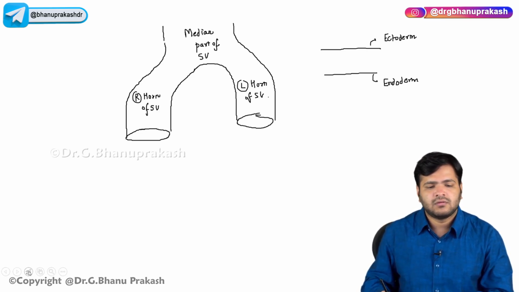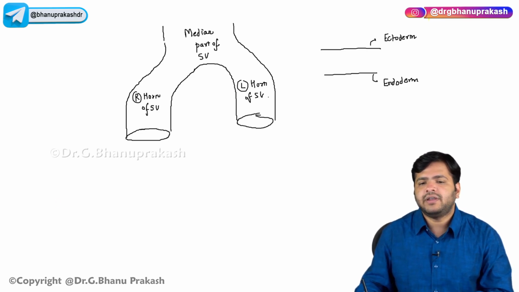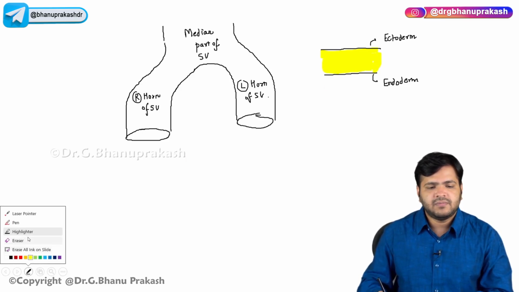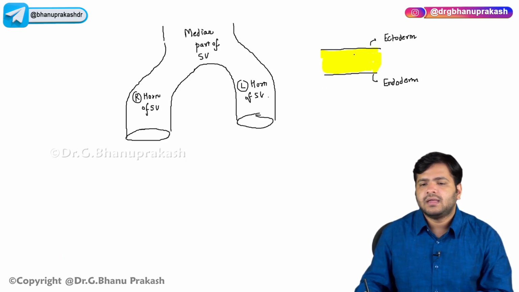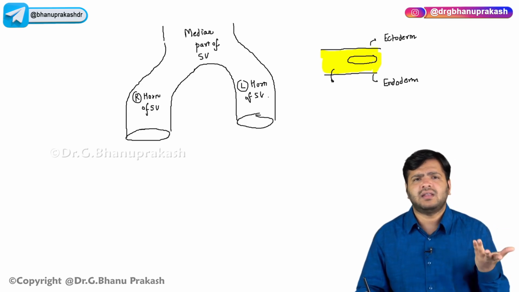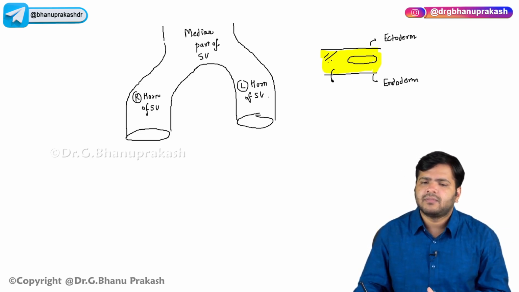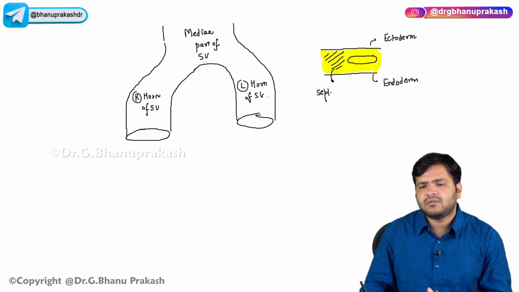Now in between, we have this lateral plate mesoderm. At one end it has the pericardial cavity, and at the other end it has no pericardial cavity. So this area is called the septum transversum.